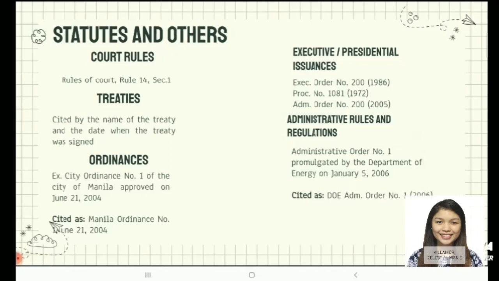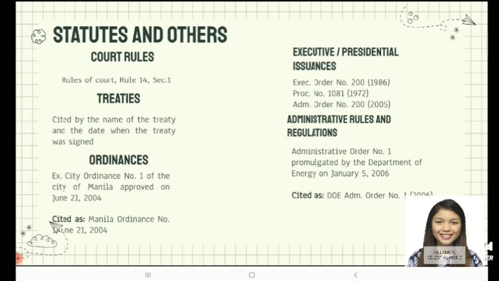They are cited by providing the name of the city, municipality, or province followed by the ordinance number and the date. For example, City Ordinance Number 1 of the City of Manila approved on June 21, 2004 shall be cited as Manila Ordinance Number 1, June 21, 2004.